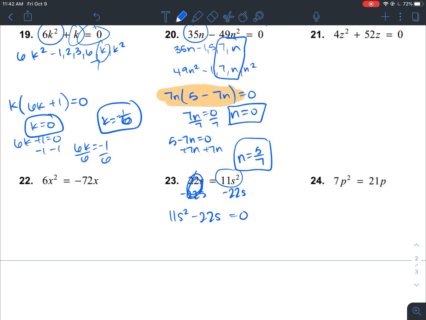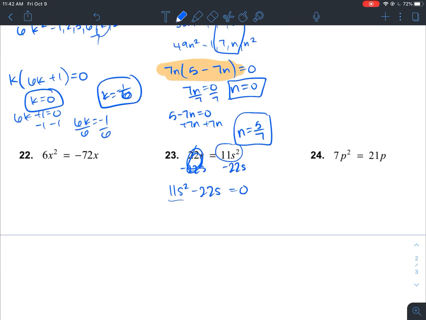So now we have an equation that's equal to 0. And now I'm going to factor. So if I look at these two terms, I notice that there's an 11 and an s for both of them. So if I divide both of these by 11 and s, that's going to be my greatest common factor, 11s. So if I take 11s squared and divide that by 11s, I'll just be left with s.